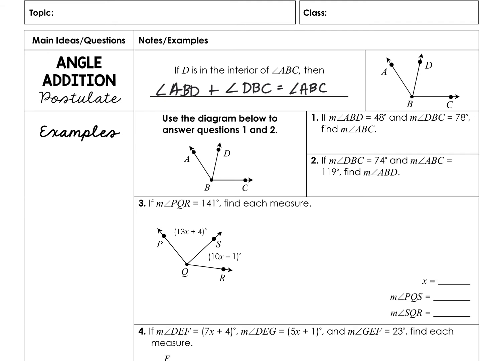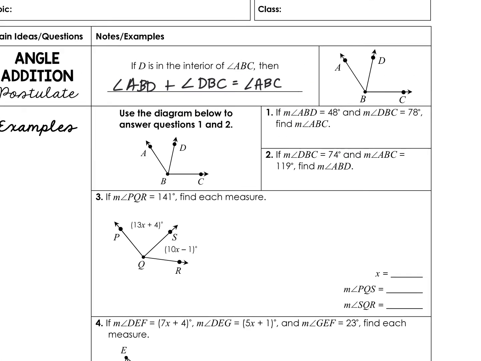Okay, very simple. This is not a bisector. We're just simply saying that because ray BD is inside angle ABC, then we can add those two angles together to equal the total angle ABC.